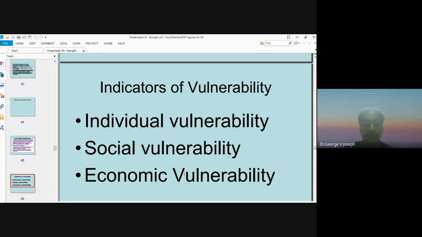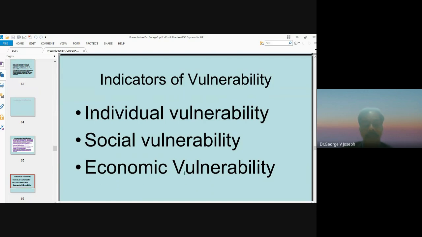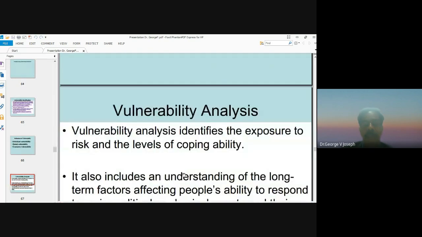During COVID, you must have seen all the industries locked down, so the economic activities collapsed. But in the rural areas, you must have seen that they were not so vulnerable in terms of economic activities. Agriculture continued in many places. So we have to look at all these indicators: how the individual is affected, how society is affected, and the economic aspect of vulnerability.